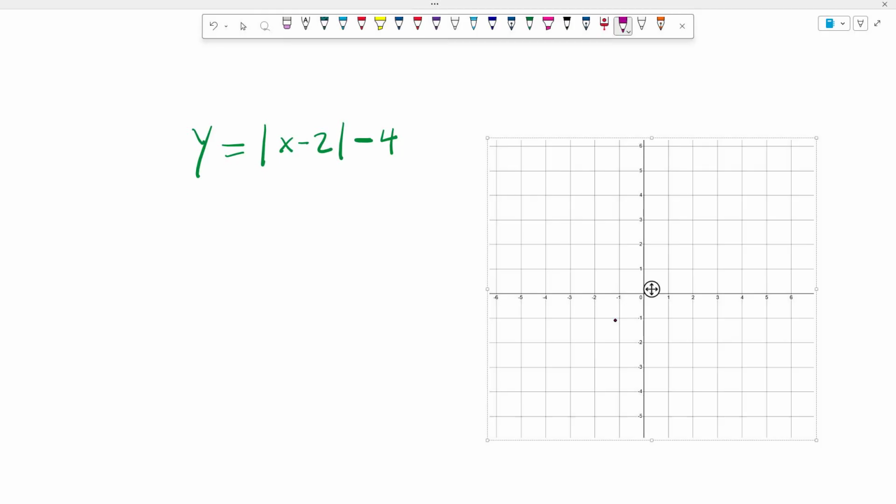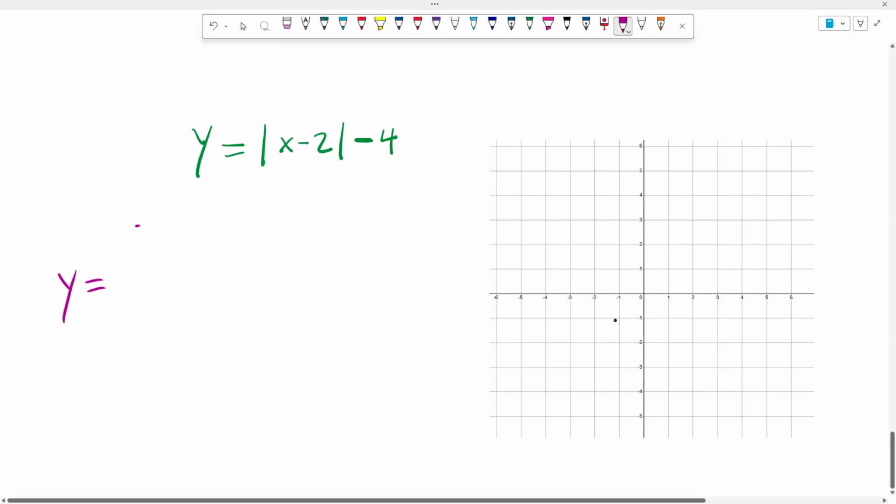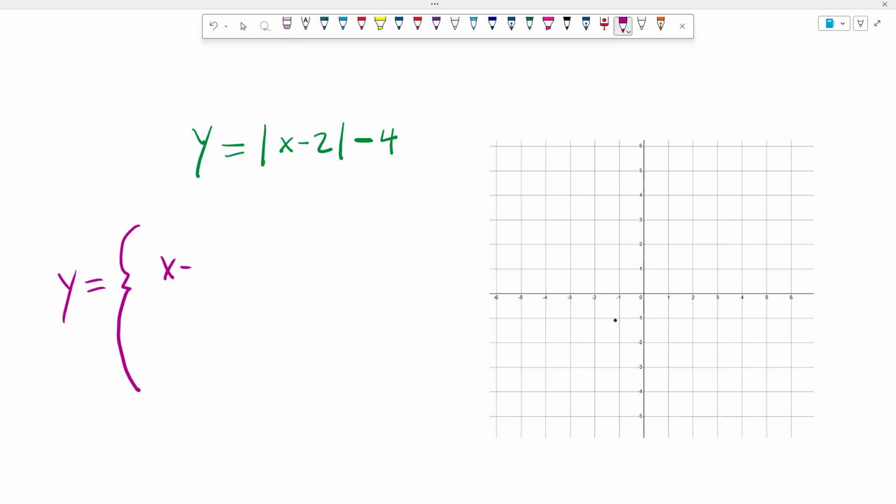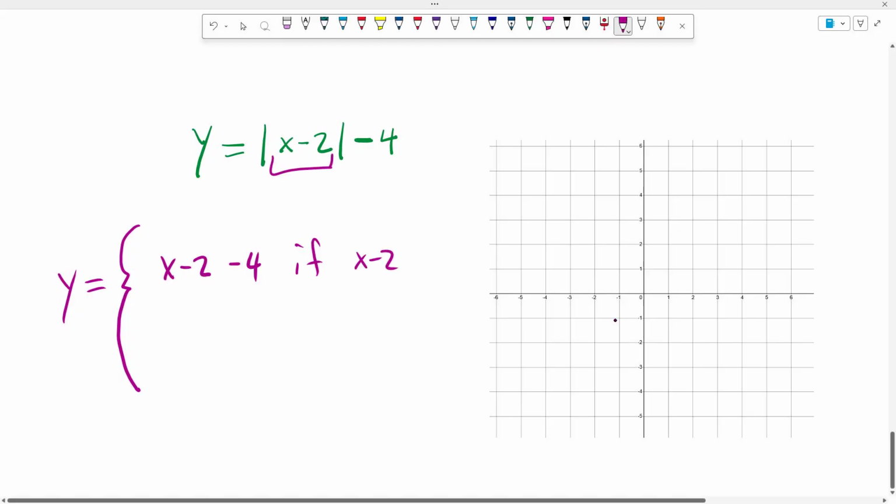Okay, let's do its piecewise definition. It's going to be absolute value of x minus 2, minus 4: x minus 2 minus 4 if the inside x minus 2 is greater than or equal to 0. This could be negative x minus 2 minus 4 if x minus 2 is less than 0.